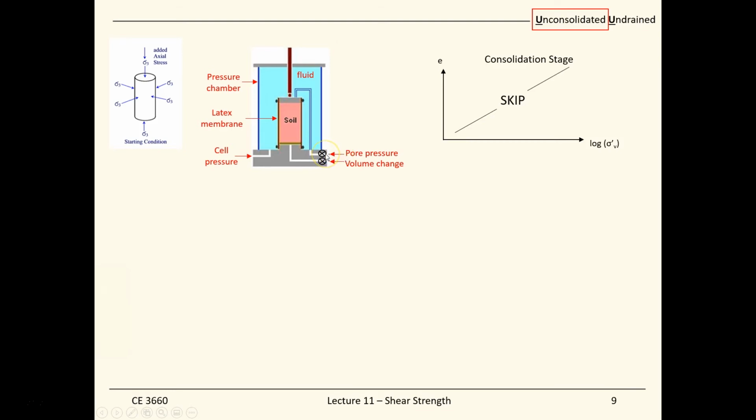For UU tests, during the two stages that we have, we close the pore pressure source, and also the volumetric change valve right here, to prevent the water from coming out. If we close this valve over here, we don't allow drainage to happen. That's why this is called an undrained test.